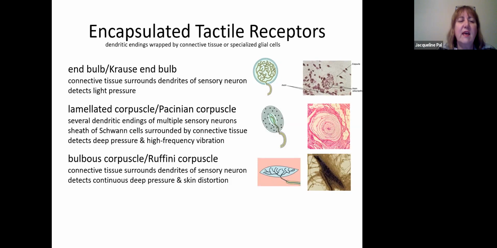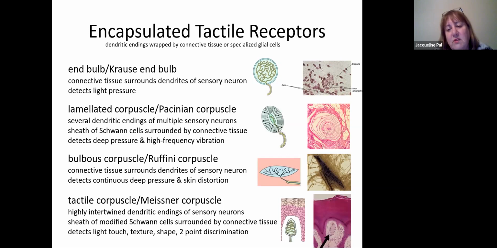So both the end bulb and the bulbous corpuscle have connective tissue, but you notice their shapes are totally different. And so the Ruffini corpuscle is about midway through the dermis, and so it's going to detect a continuous type of deep pressure, as well as when the skin just gets distorted, like when somebody's leaning on you for prolonged periods of time.